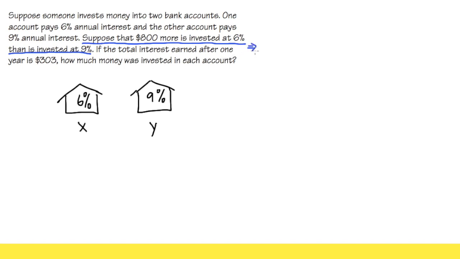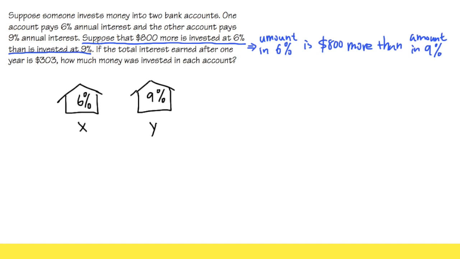This is the same as saying the amount that we have in the 6% account is $800 more than the amount that we have in the 9% account, isn't it?